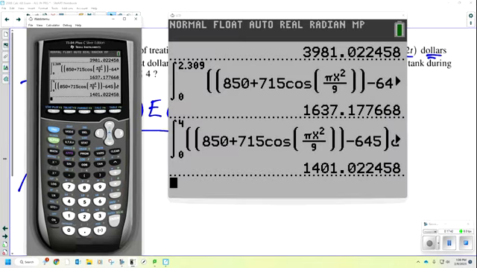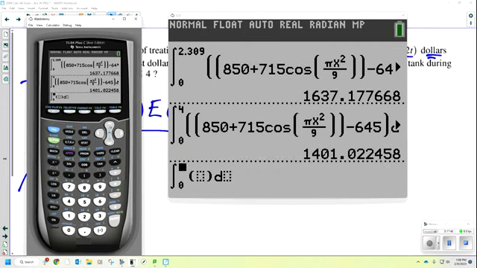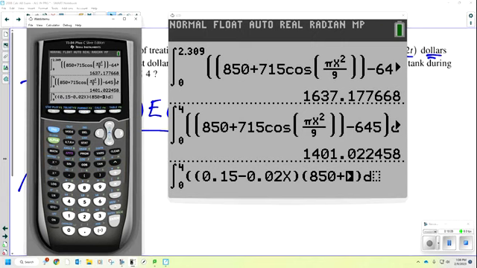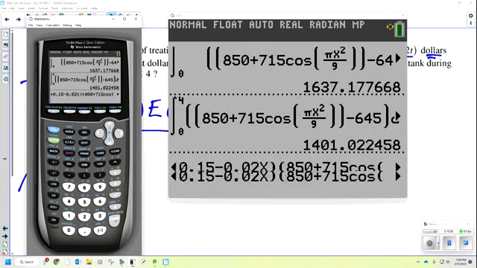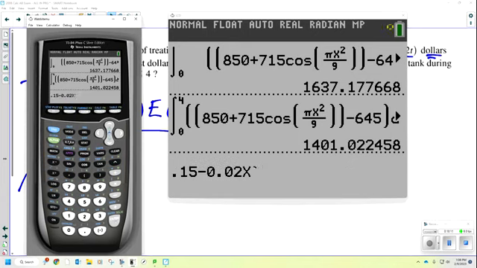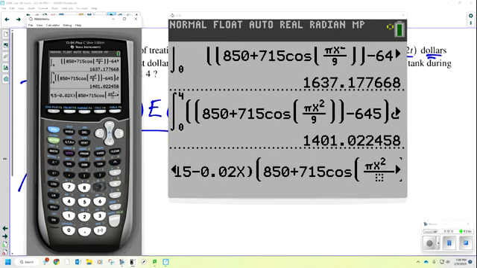Let's go math 9 from 0 to 4 of the cost, which is 0.15 minus 0.02x. That first parenthesis is the cost, times E of t. And that's another parenthesis, 850 plus 715 cosine of pi x squared over 9.